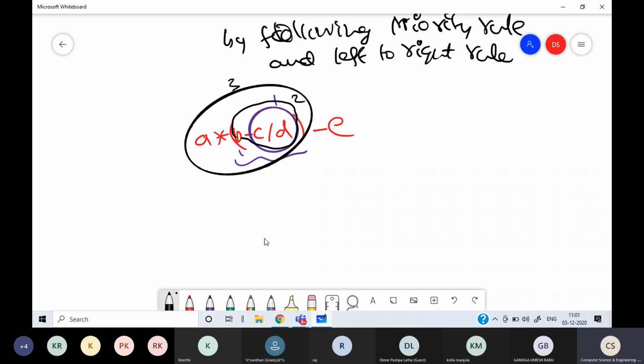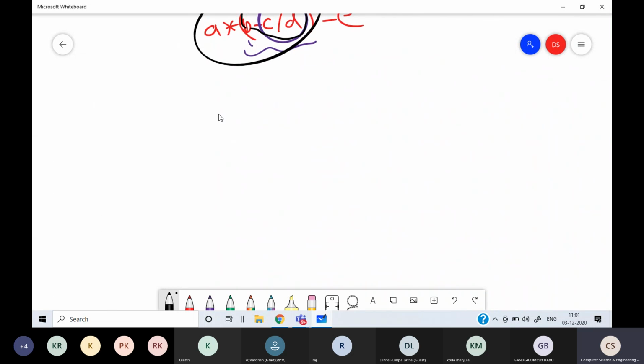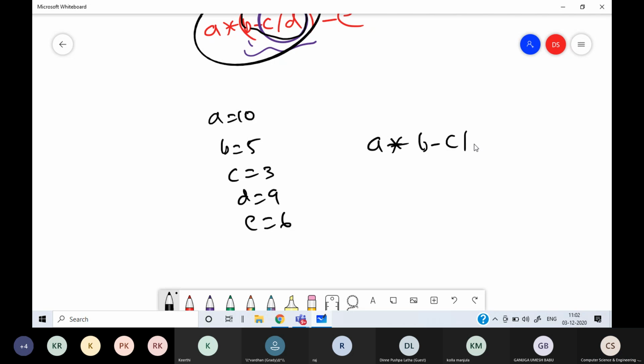For example, suppose I assume that c is 3 and d is 9, a is 10, b is 5, and e is 6. If I take a into b minus c by d minus e, the same expression I have given here, first c by d is performed, which is 3 by 9. What is the value of 3 by 9?